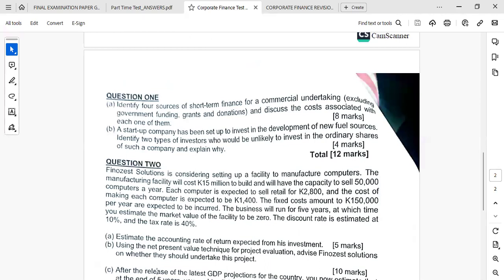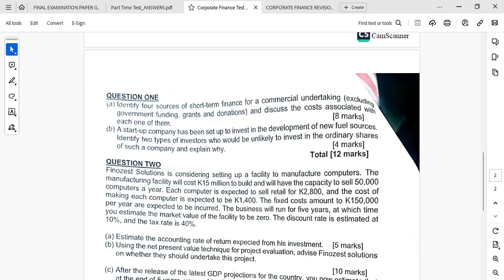So what are any sources of financing? Anyone? Any 4 sources of short-term financing? Let us also look at long-term financing. Treasury bills.